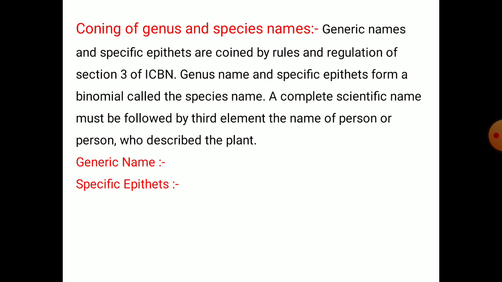The names of a particular plant or genus should be given depending upon particular characters. For example, Xanthoxylon. This is one more plant. Xylon means wood, that is xylem, and xantho means yellow, as in xanthophyll. It refers to the secondary wood, the secondary xylem.